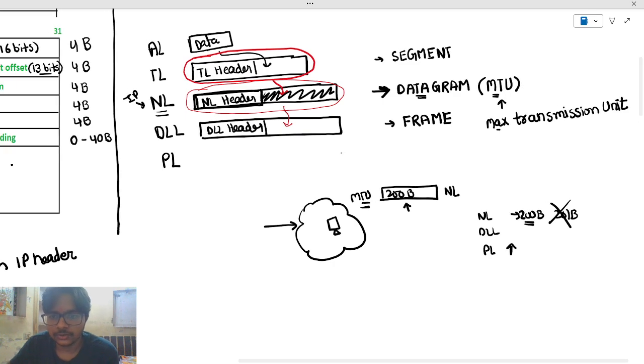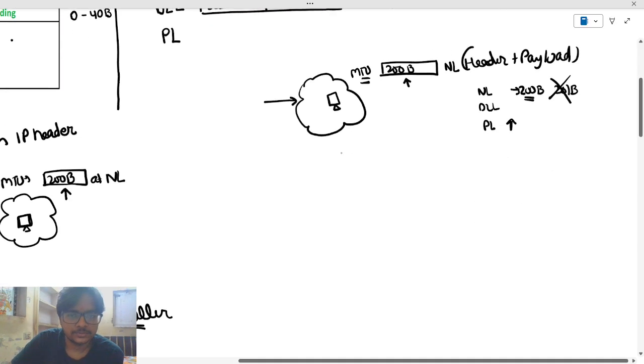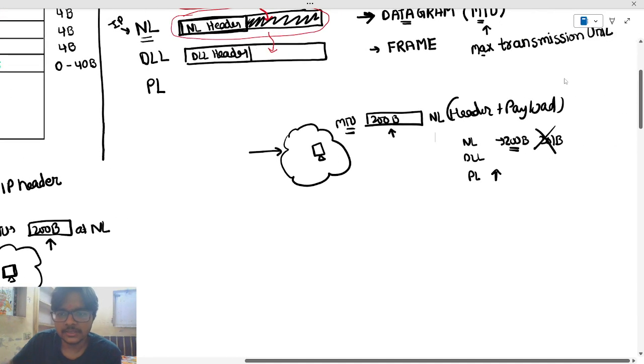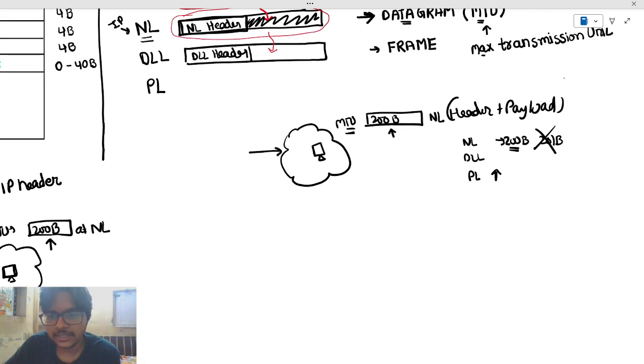It includes both the network layer header plus the network layer payload. So if the MTU is 200 bytes, then it means 20 bytes of header and 180 bytes of payload.